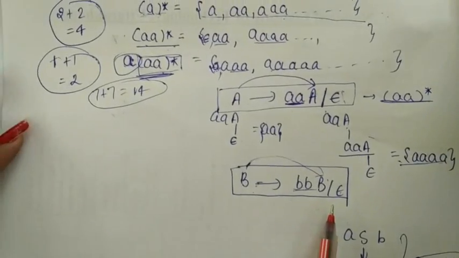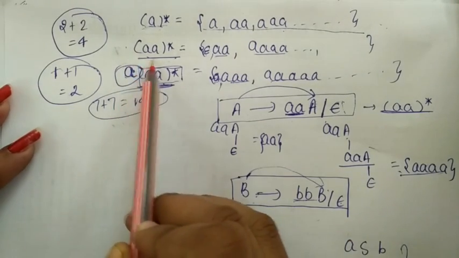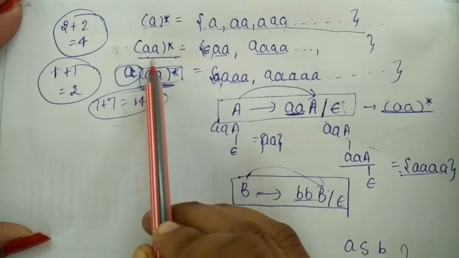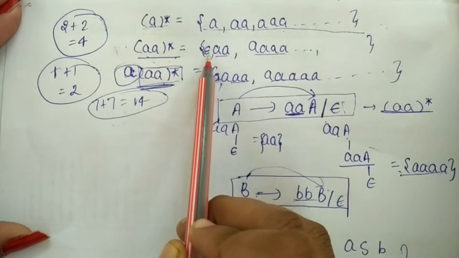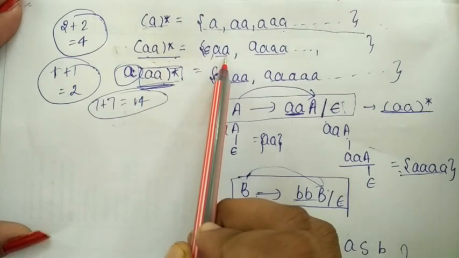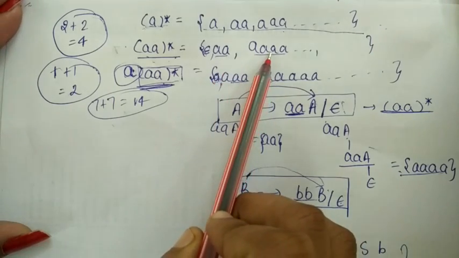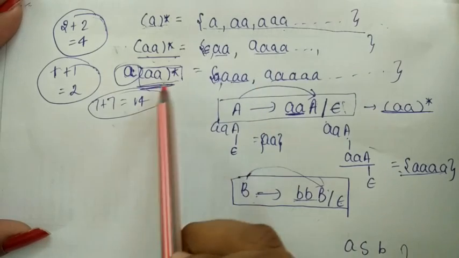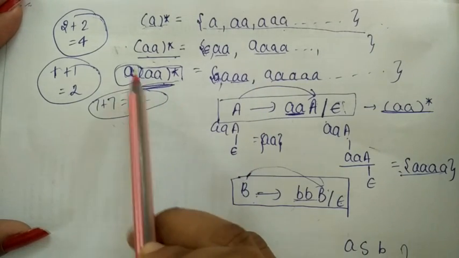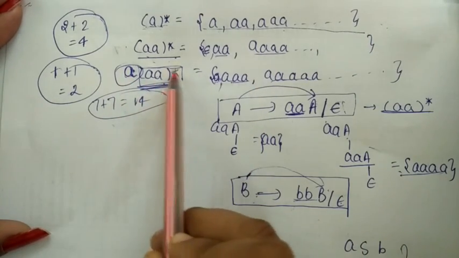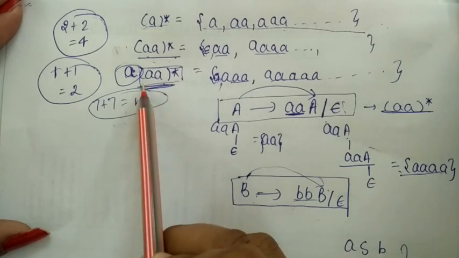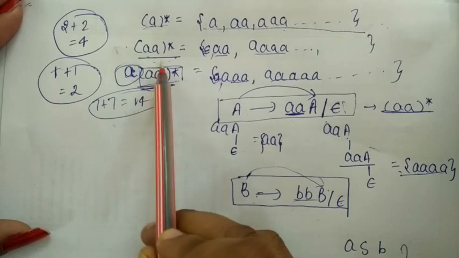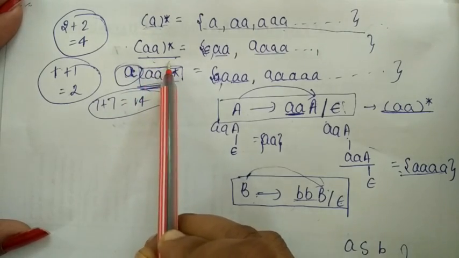Now if you take this regular expression, firstly it will generate epsilon, then 2 a's, then 4 a's, then 6 a's, then 8 a's. If you put a single a before this even-number-of-a's regular expression, this a will make it odd.